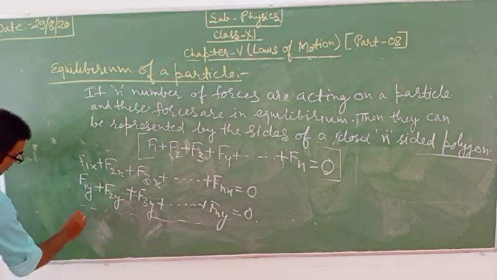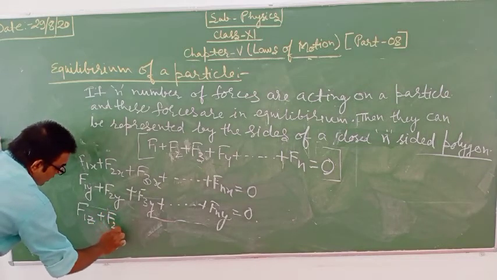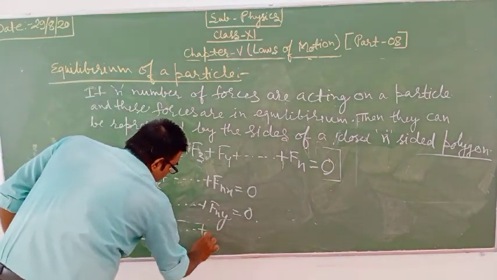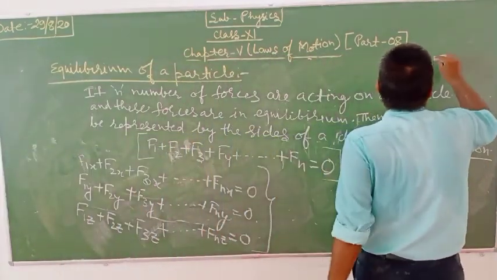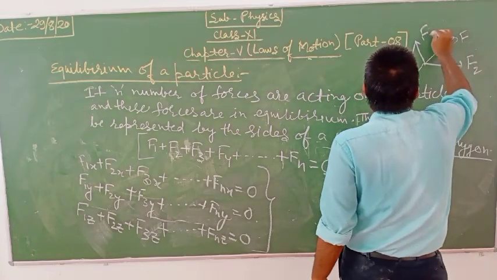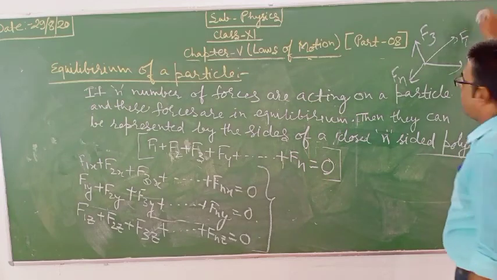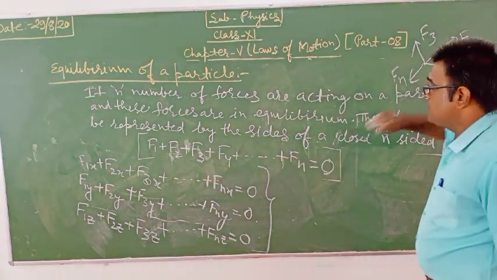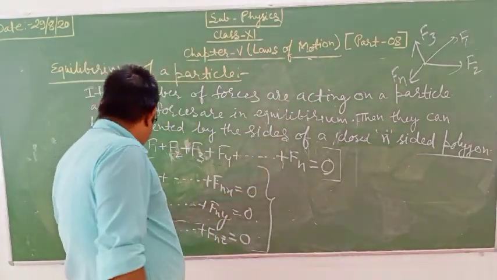Similarly, F1z plus F2z plus F3z plus up to Fnz is equal to 0. This means if F1, F2, F3, Fn are forces which are in equilibrium but acting in space, then we can resolve each force into its three components: F1x, F2x, F3x, Fnx, similarly the y components F1y, F2y, F3y, Fny, and the z components F1z, F2z, F3z, Fnz.